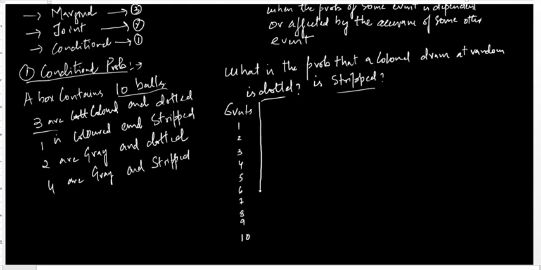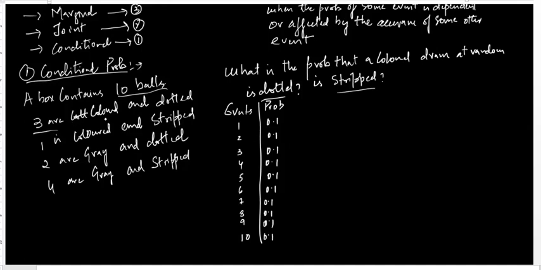Since there are 10 balls, each event will have a probability of 10%, so it will be 0.1 for each.